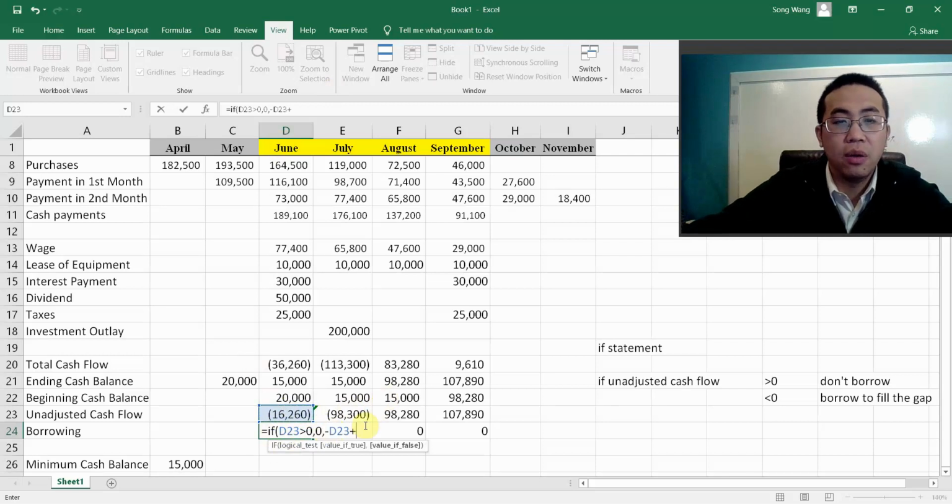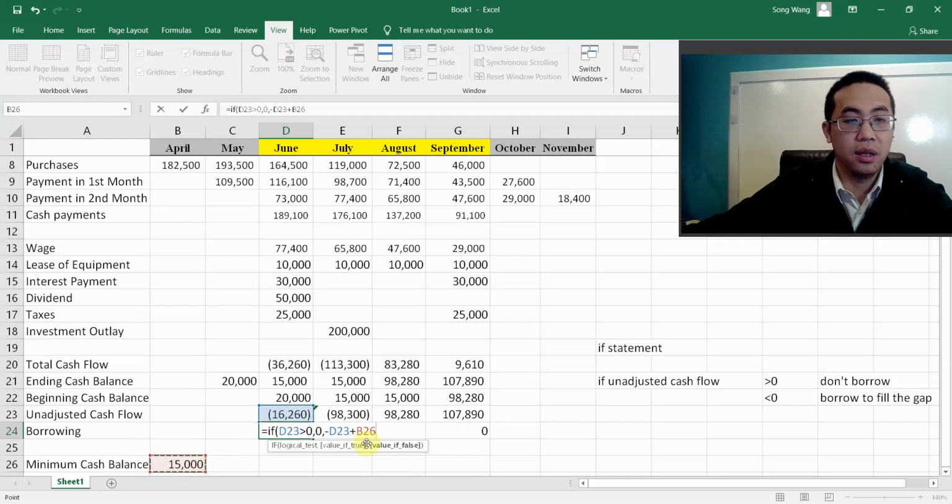The negative of a negative 16,000 is a positive 16,000. So I'd have to borrow $16,000 to fill the hole, but that just makes it flat. I also need to maintain a minimum cash balance of 15,000 to meet the minimum requirement. So I put $15,000 there and also press F4.